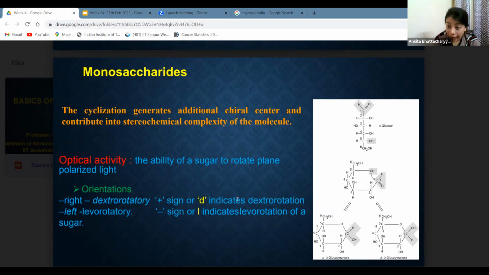This rotation can be either towards the right or towards the left. If it is towards the right, it is known as dextrorotatory, indicated by the plus sign or the D sign, versus levorotatory, where it rotates the incident light towards the left, denoted by the L sign or the minus sign for that particular sugar.